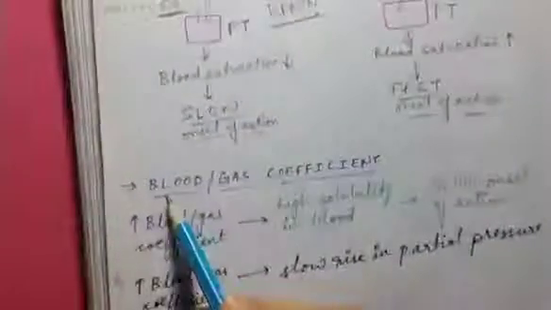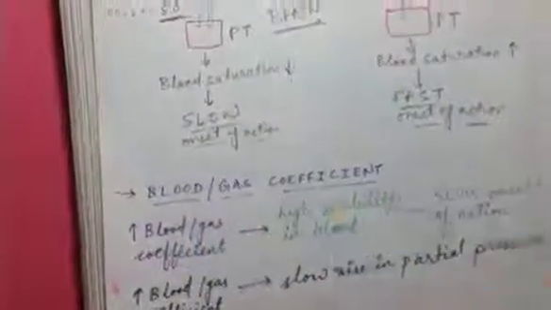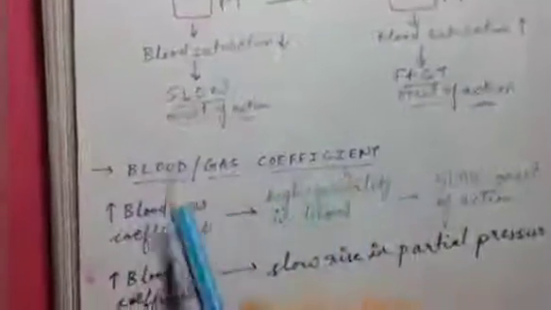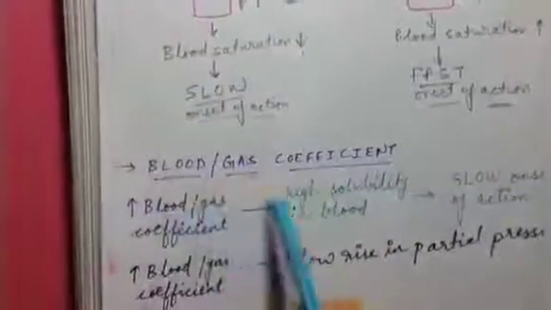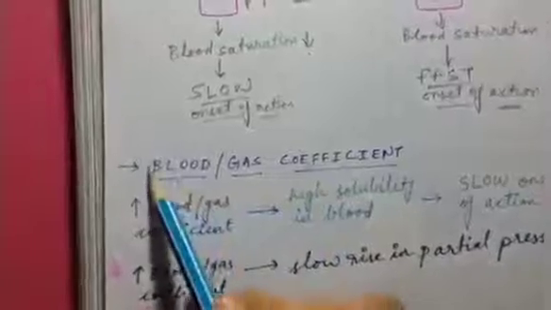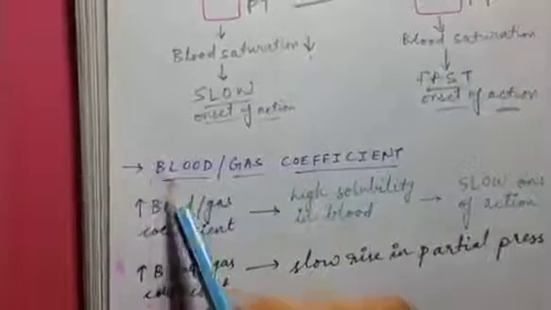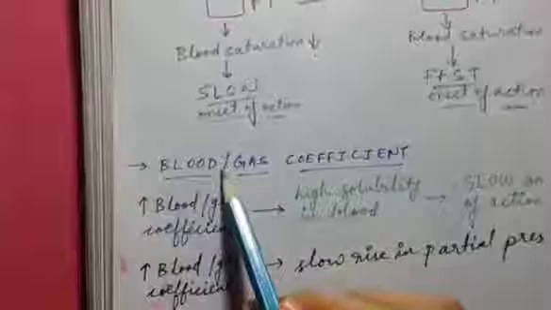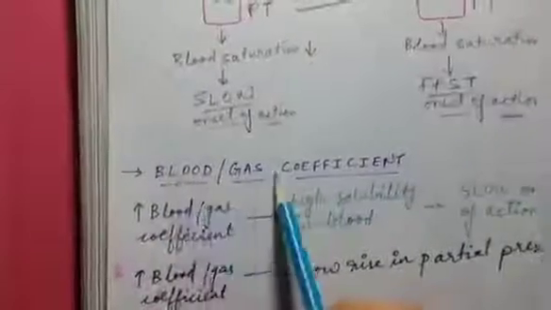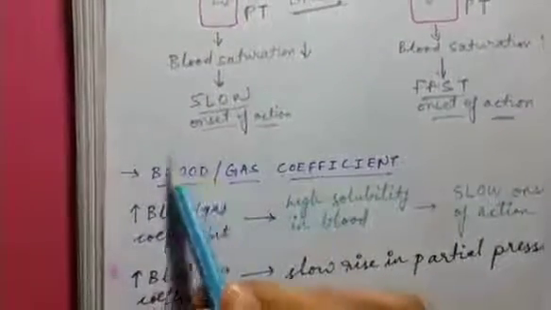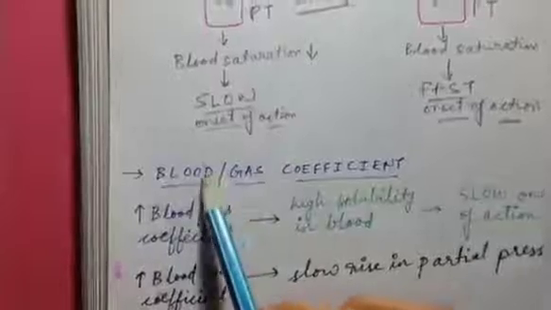See, the third property is blood gas coefficient. What does it simply mean? If the blood gas coefficient is higher, it means the drug is more soluble in blood. If the blood gas coefficient is low, it means the drug is less soluble in the blood.